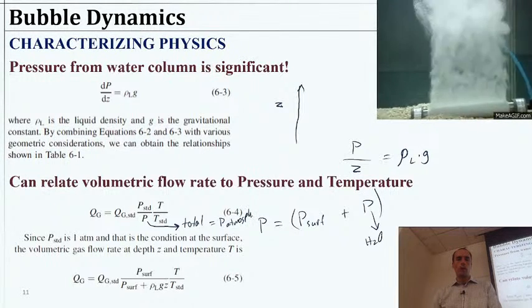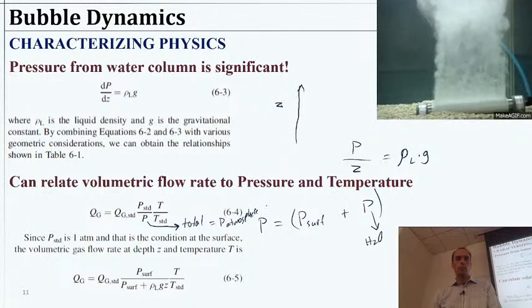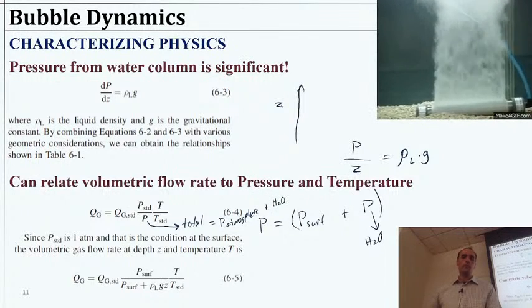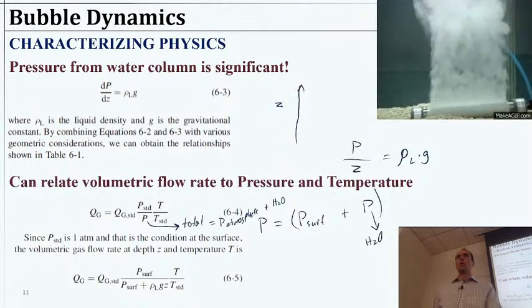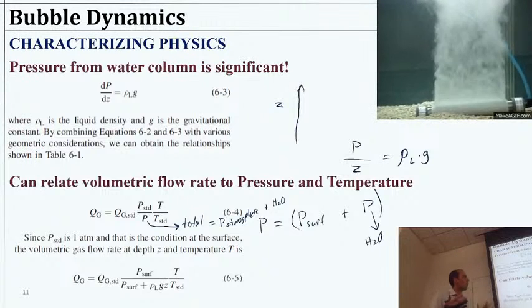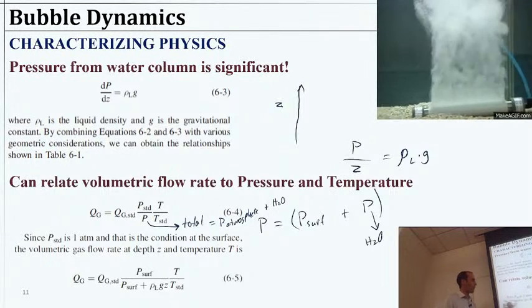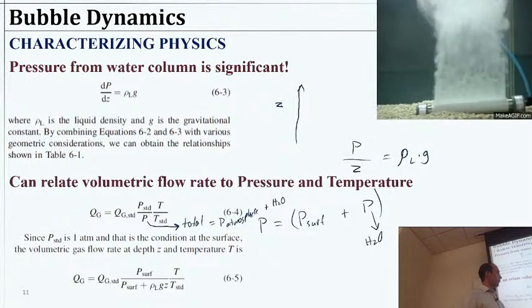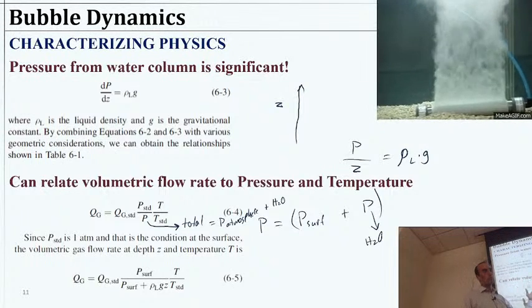So maybe we should write that as the atmosphere plus the water. Okay, so just kind of saying we have a way to find a flow rate and standardize that flow rate given pressure and temperature conditions. Pressure meaning depth, really.